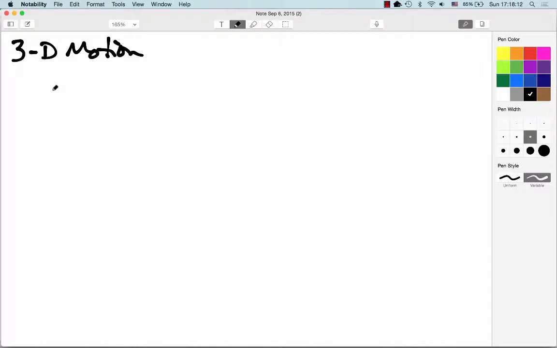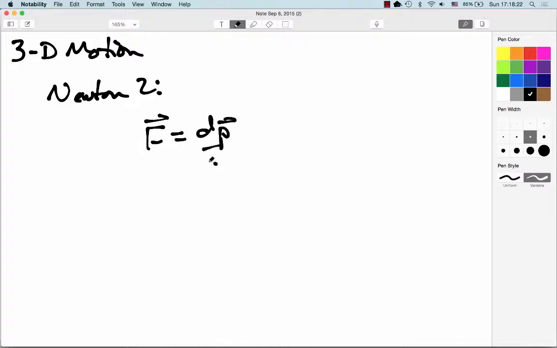So we'll start with Newton's second law. We'll go with the way that Sir Isaac actually wrote it, which is F equals dp/dt. And if we follow what that means, remember, think of this as a collection of three equations that we're writing all at once.